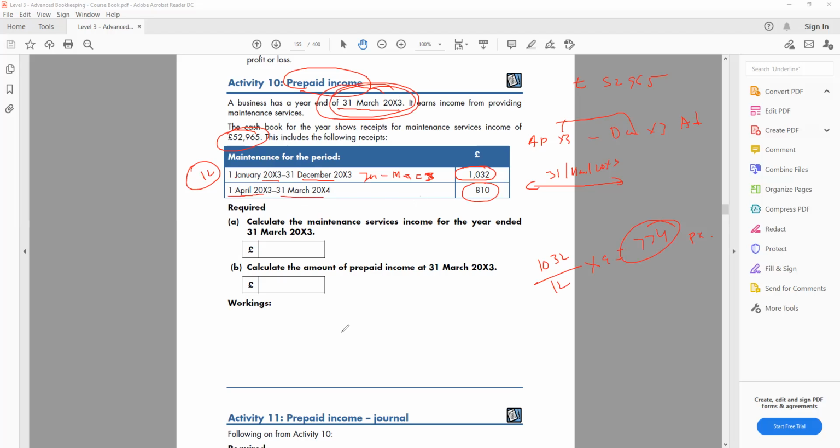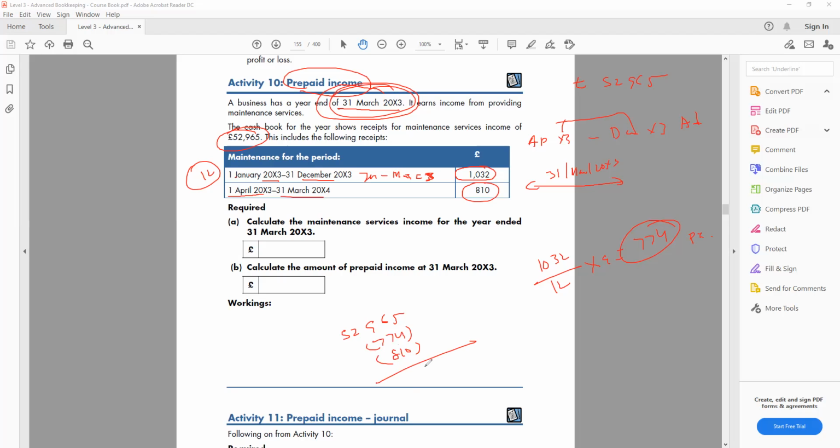So even though I'm receiving 52,965, 774 is prepayment for the next year, and 810 is also for the next year. So for this year, what is my actual income? That is 52,965 minus 774 minus 810.